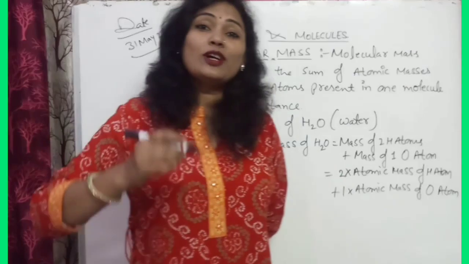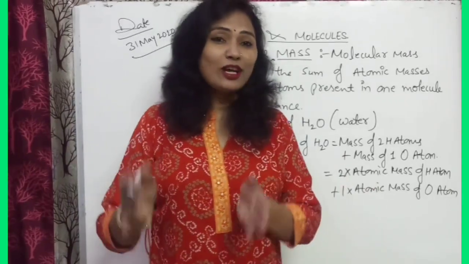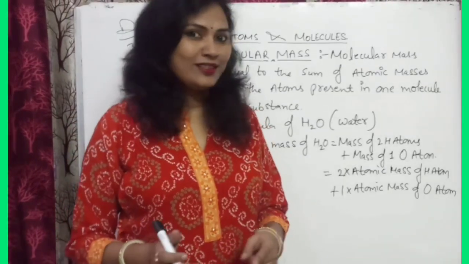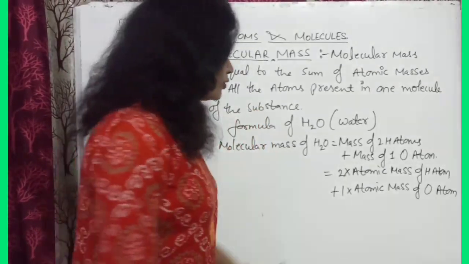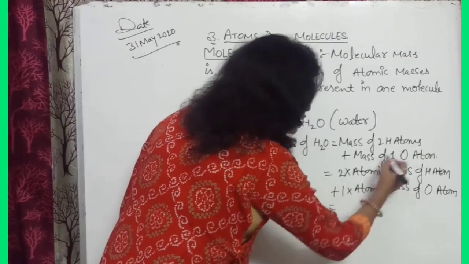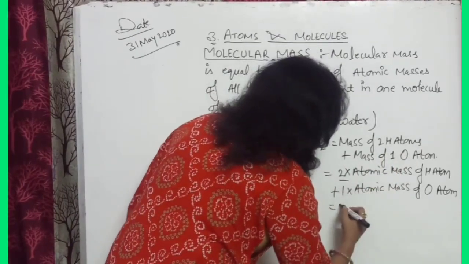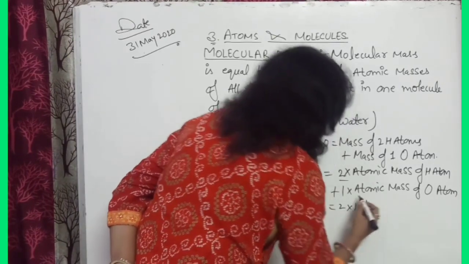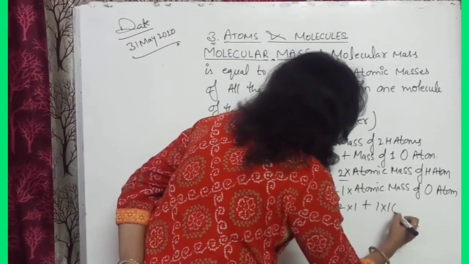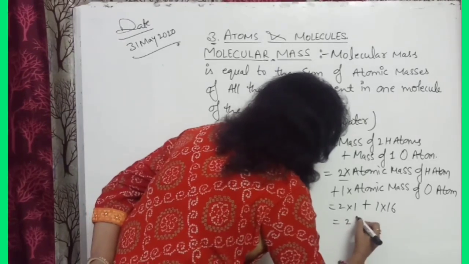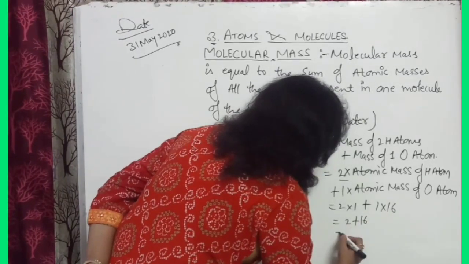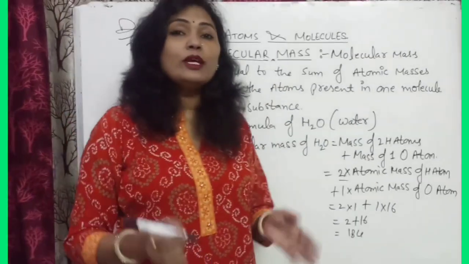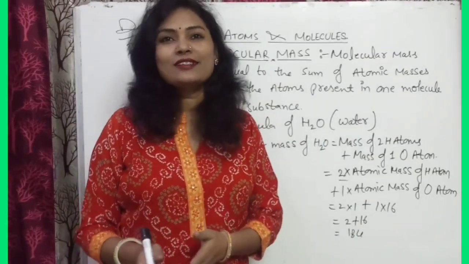Now you should be aware of the atomic mass of hydrogen and oxygen. What is the atomic mass of hydrogen? That is 1, and oxygen is 16. So you can write 2 into the atomic mass of hydrogen, that is 1, plus 1 into 16. So we will get 2 plus 16, which is 18 U. So the molecular mass of water is 18 U.